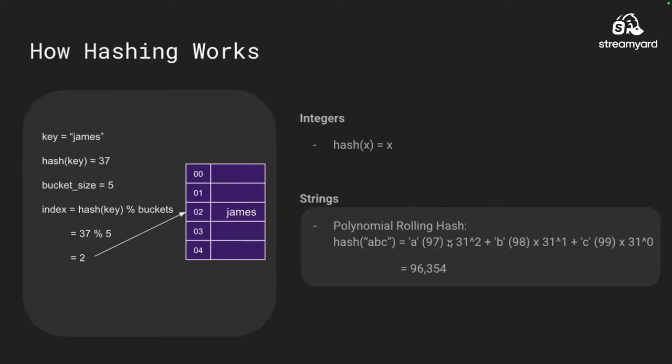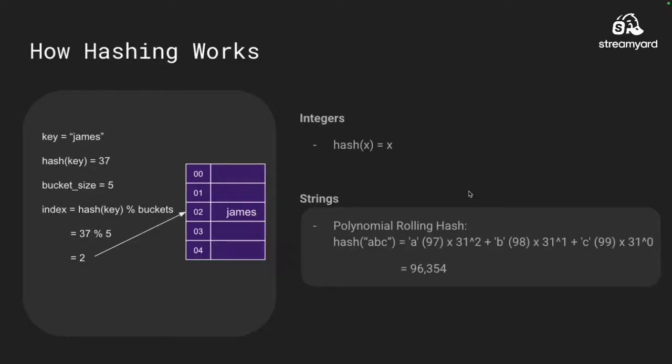So based on that, 97 into 31 (just a random prime number that we took here) raised to 2, plus 98 into 31 raised to 1, plus 99 into 31 raised to 0. This is one way to find the hash, where hash of ABC would eventually be equal to this number, 96,000. And then we will do the modulo bucket size to find the index where this string should go in.